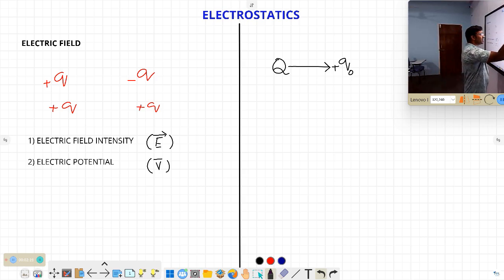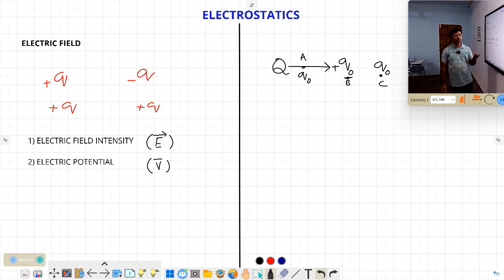If you place this test charge here, the force acting on it has one value. If you place the test charge there, the force acting on it is another value. So at different places, the force acting on the test charge will be different. Say the points are A, B, and C. The forces acting on the charge at A, B, and C are not the same. At point A, the charge is near, so the force will be more.